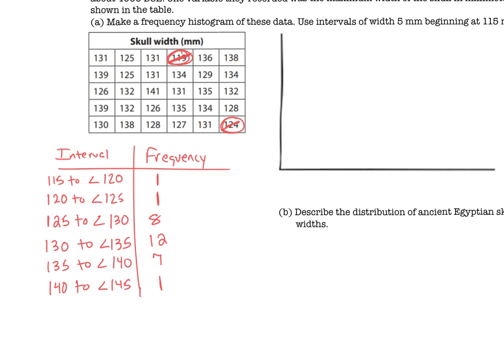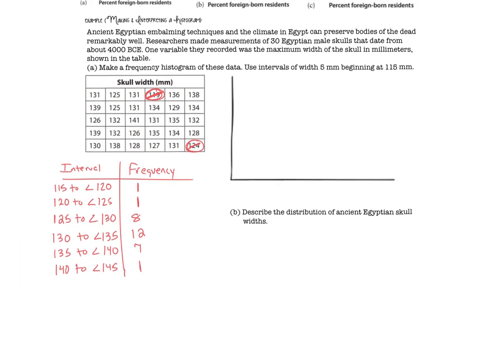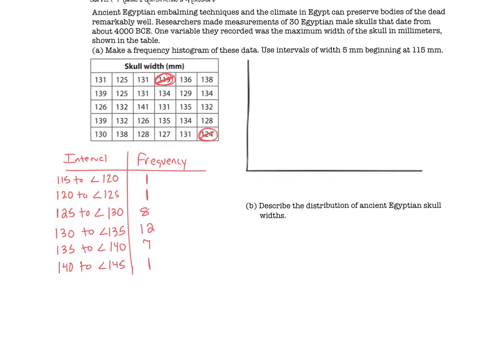And so we have to go all the way up to 12. But what we're going to do is create our bins here. So right here, if you look, we're going to start with 115.